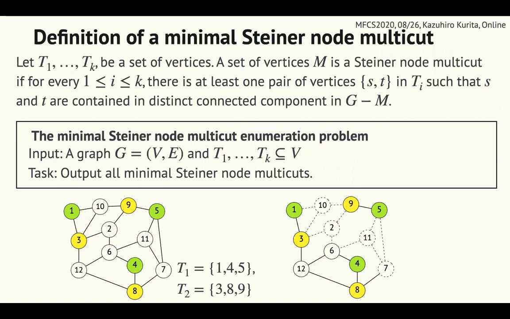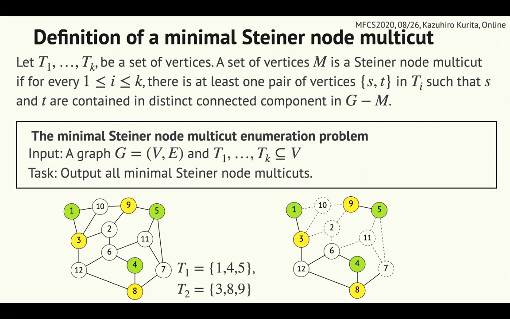A set of vertices M is a Steiner node multicut if for every i, where i is greater than or equal to 1 and less than or equal to k, there is at least one pair of vertices s and t in Ti such that s and t are contained in distinct connected components in G minus M. At the bottom of this slide is an example of a minimal Steiner node multicut.